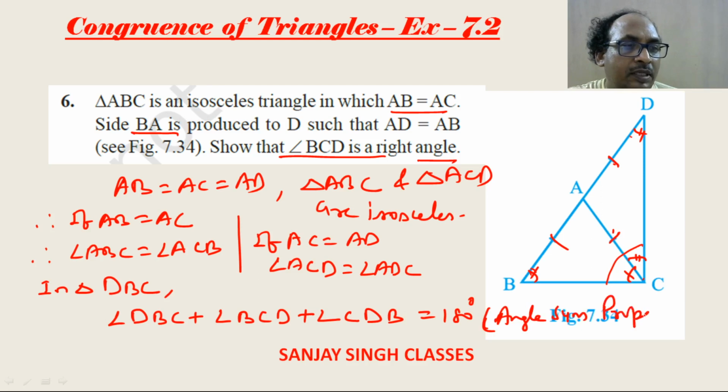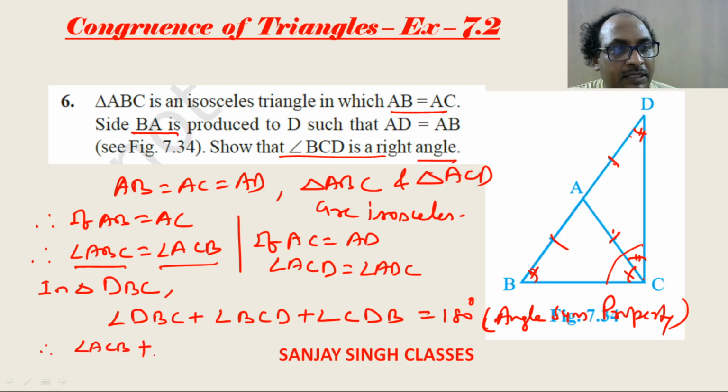Angle sum property. Therefore, DBC is what? ABC only. DBC is ABC, and it is equal to angle ACB. So we can write angle ACB plus angle BCD.